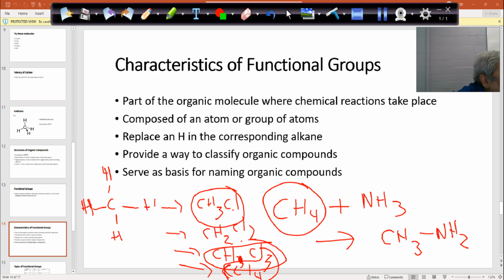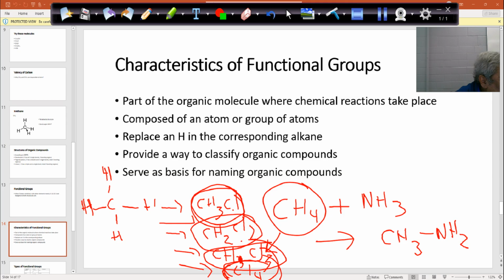CHCl3. So this one here, dichloro, goes in the polymerization, making plastic. This one here is a solvent. And the poisonous stuff, the tetrachloro, is a solvent. This one here is called chloroform. Did you hear about chloroform? Makes people asleep.